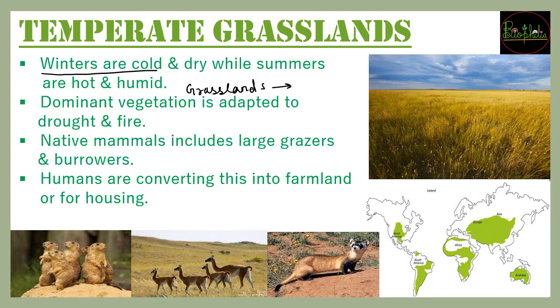So what will there be in grasslands? Obviously these are going to be covered with various types of grasses, and these grasses are going to be mostly in dry condition. Because of the dry condition, it is very easy to catch fire and be in drought conditions. You might have heard about bush fires, or if not bush fires, then you might have heard about forest fires.